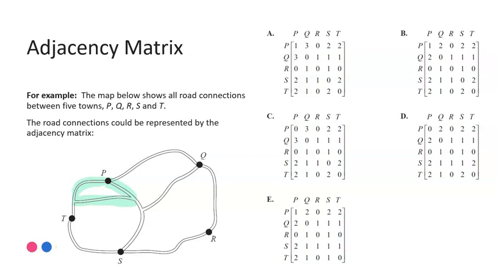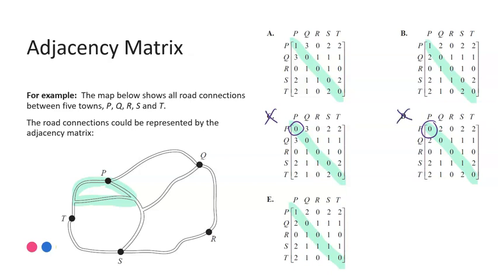So when I look at my leading diagonal, I want to see a 1 in that first top right corner where I'm looking at P joining to P. And so by looking at that first, I can say A, B, and E contain that element, but C and D do not. So we can eliminate those two options.